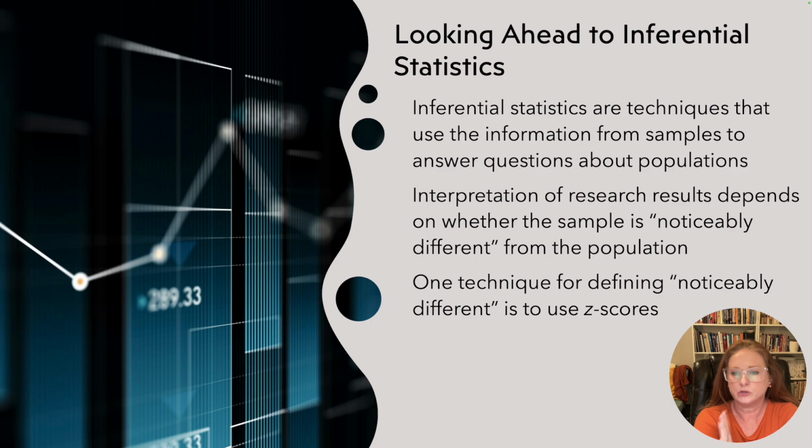Okay, so taking a look at looking ahead. Thinking back to the first lecture, we talked about inferential statistics and descriptive statistics. This is where the semester kind of turns a little bit, right? Inferential statistics are techniques that we use because we can use information gathered from samples to then question populations.